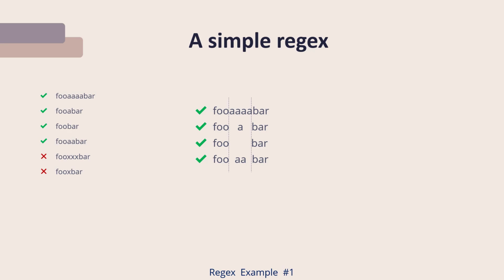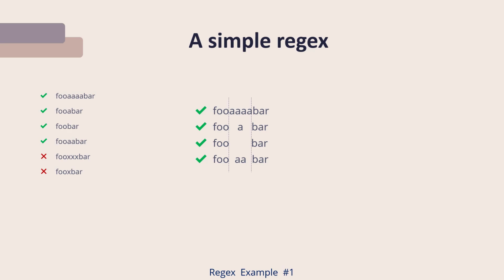Here we have 2 such imaginary separators which divide each string into 3 different sections. The first section for all 4 strings is foo. This is fixed. The string foo never changes. It is common for all 4 strings. Similarly, the last section for all 4 strings is bar, which is also fixed.